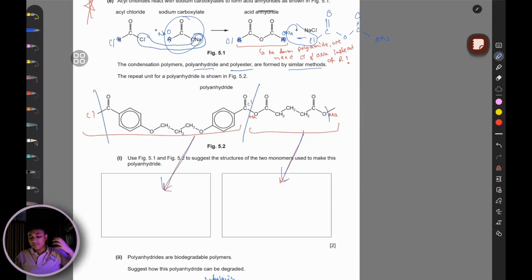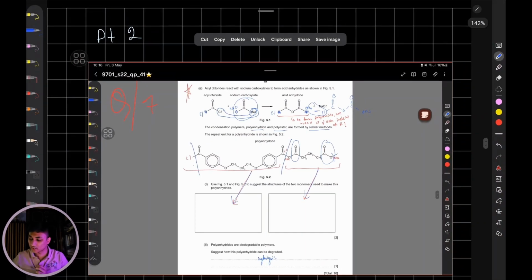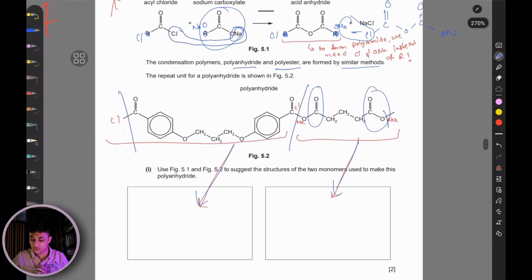So if in this case it didn't have two carboxylic acid groups over here, because instead of Na, if you have the H, it's going to act as a dioic acid, but there is Na over here, so it's acting as a salt.